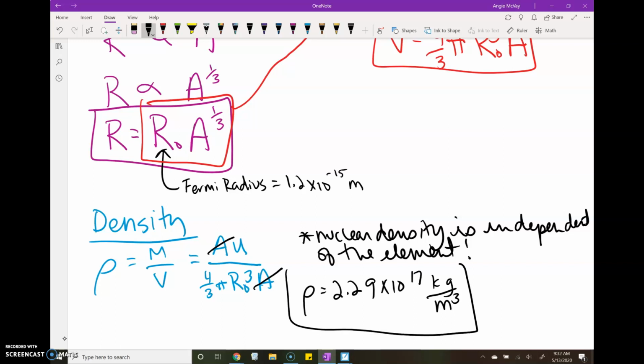And that's a constant. Nucleuses are stinking dense, is what that says. 2.29 times 10 to the 17 kilograms per meter cubed. Dang. All right, so those are some basics about the atom, how we came up with the density, how we can come up with a nuclear radius.